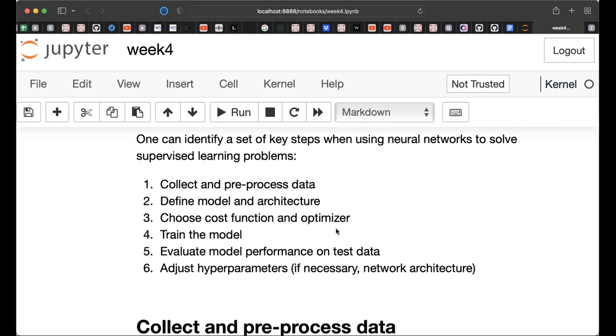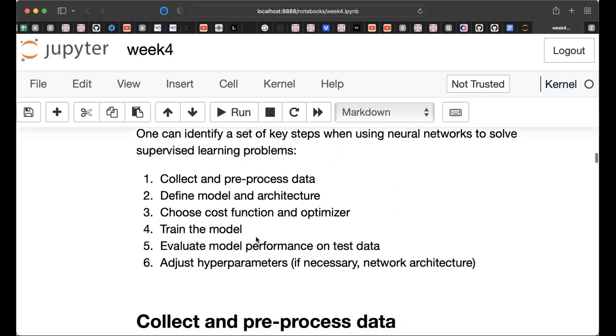We need to figure out what kind of stochastic gradient function we want to use. So that's the optimizer. Then we obviously have to train a model by repeated feed forward and back propagation stages. Then we have to evaluate the model and test on the test data.